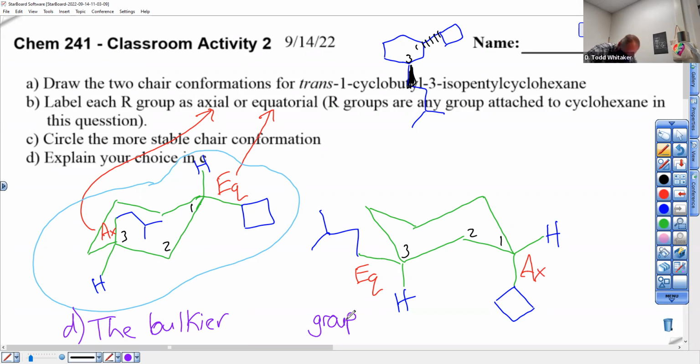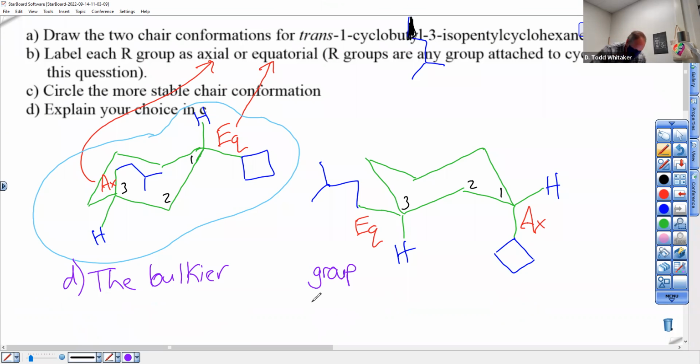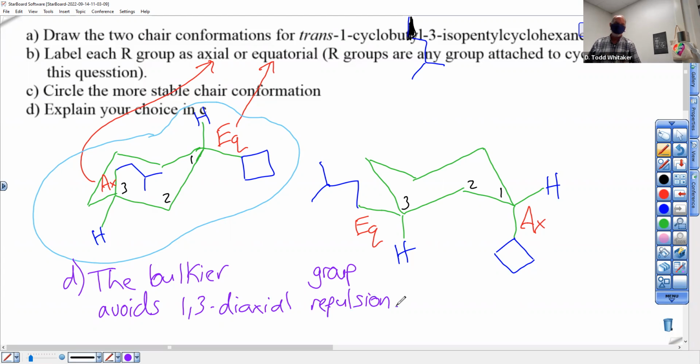Avoids 1,3 diaxial repulsion. Which one's the bulk here? The cyclobutyl or the isopentyl? I mean, the answer is implied in my circle, isn't it? Cyclobutyl.